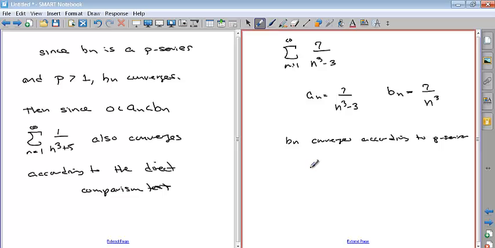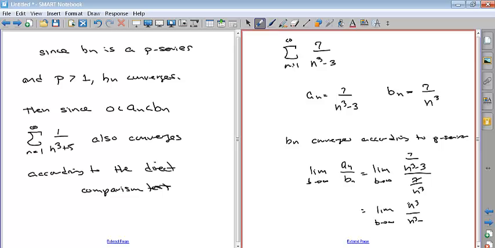The other requirement for the limit comparison test is the limit as n goes to infinity of a sub n over b sub n, which in our case is the limit as n goes to infinity of a sub n, which is 7 over n cubed minus 3, divided by b sub n, which is 7 over n cubed. And you see the 7's cancel out, and you end up with the limit as n goes to infinity of n cubed over n cubed minus 3, which is 1.